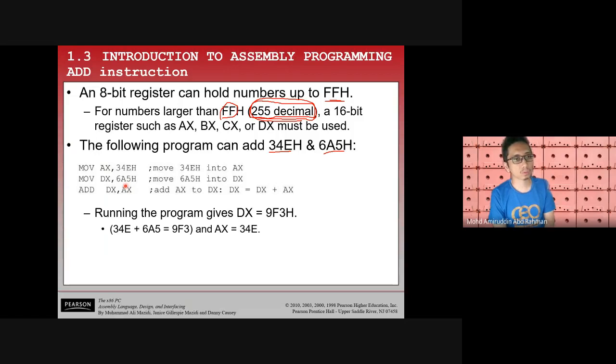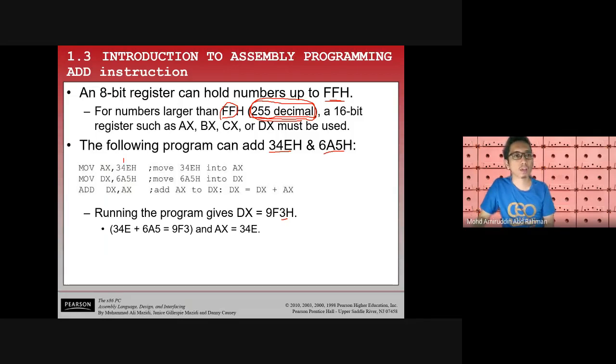So 19, we minus 16, because it is a 16 bit number. So we need to minus 16. So that's why we have 3 over here, and we add 1 to here.